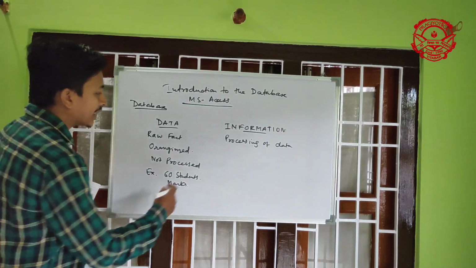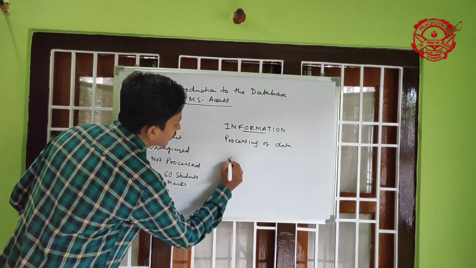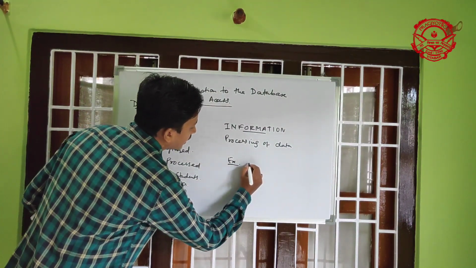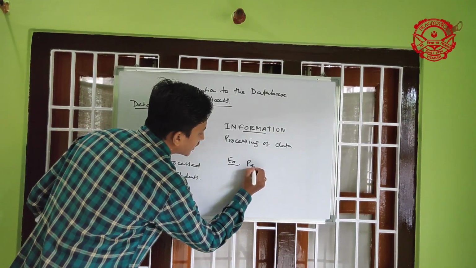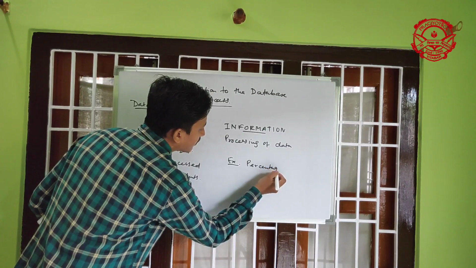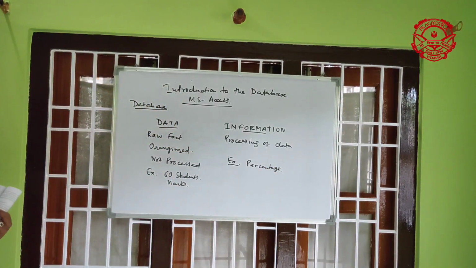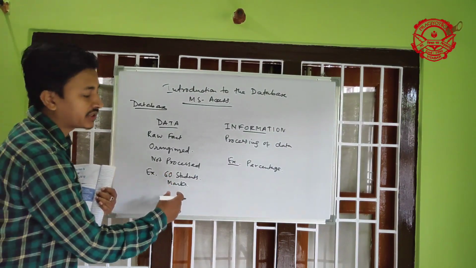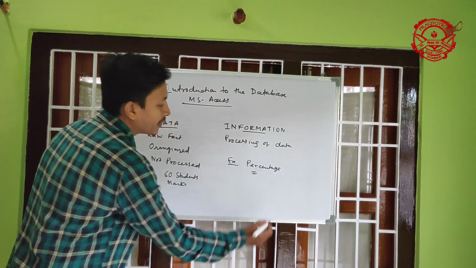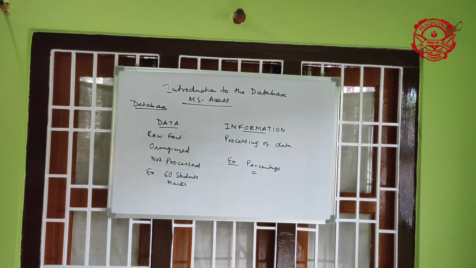After that, in this example, the information is the percentage of the 60 students. Means after getting the data and processing the data, you will get the information, the percentage.